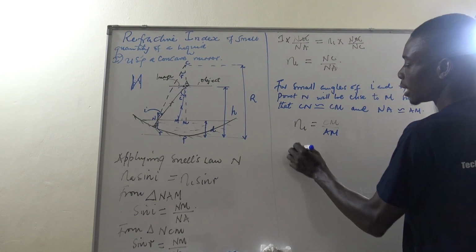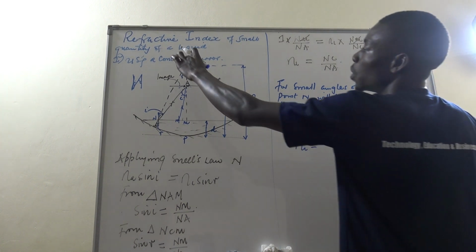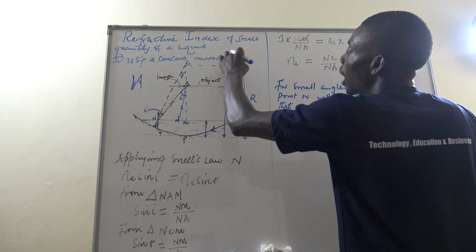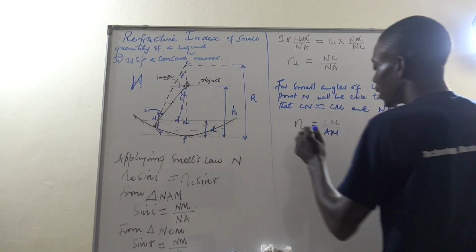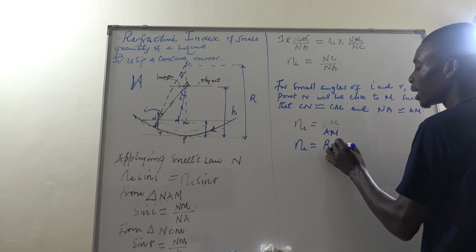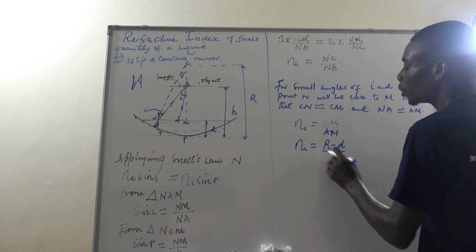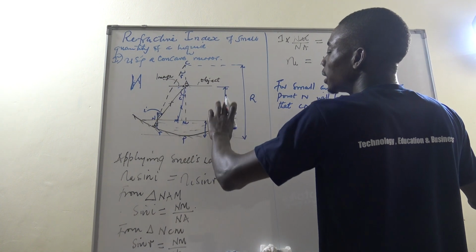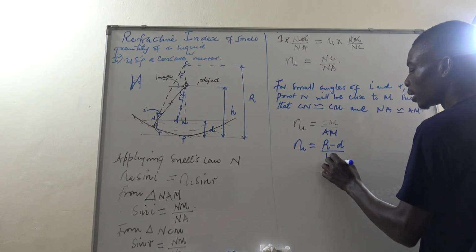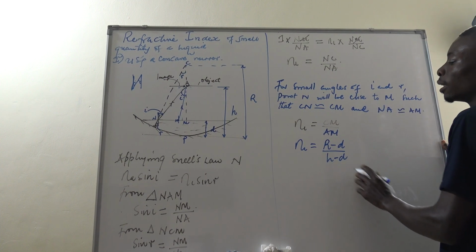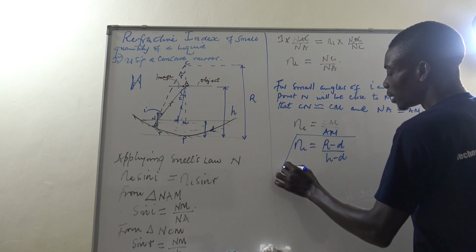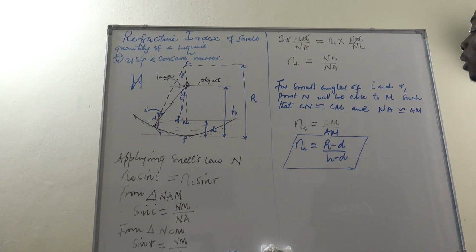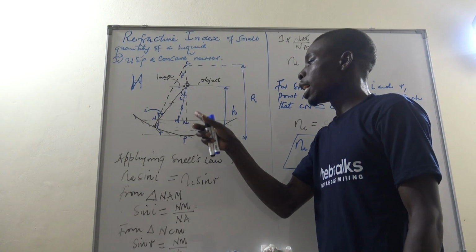And what is the CM? CM is the same as R minus d. That is R minus d, out of AM. AM is the same as H minus d. And this is our expression for the refractive index of the liquid.